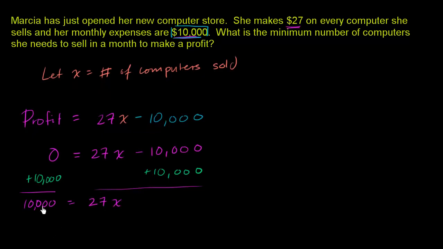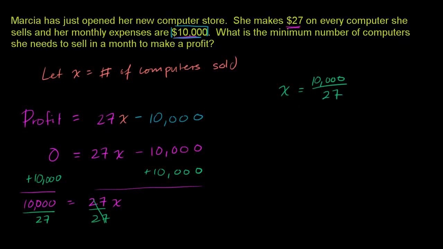Then to solve for x, we just have to divide both sides by 27. On our right-hand side, we have x. So x is going to be equal to 10,000 over 27. I've switched the right and left-hand sides here.